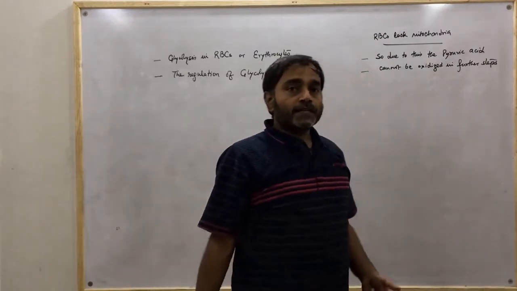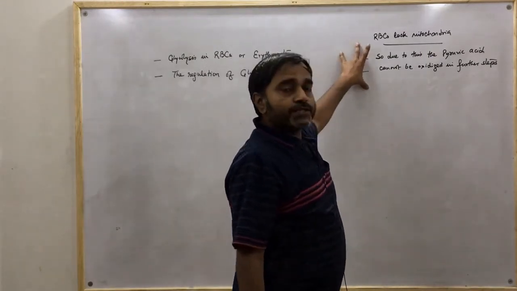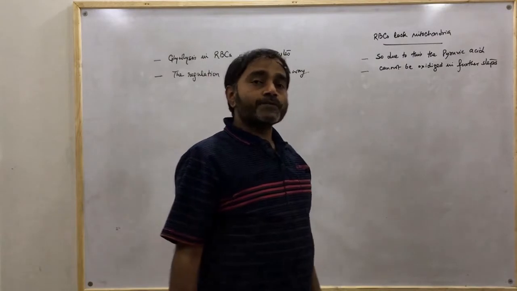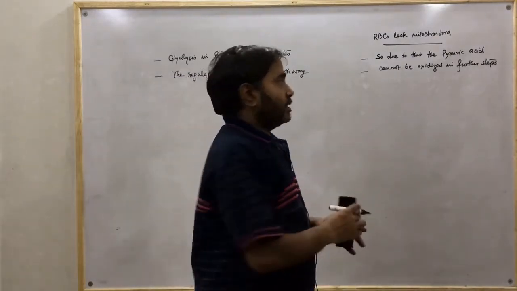And what other things which is relevant in understanding the glycolysis which occurs in red blood corpuscles, that is, here a pathway loop is present.